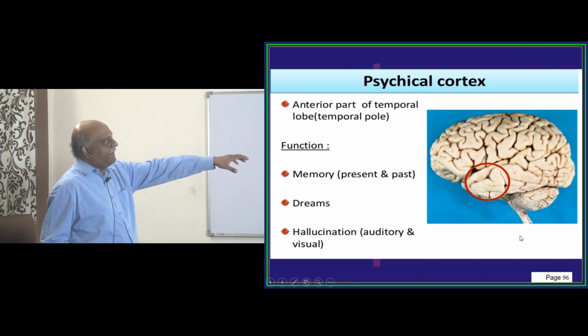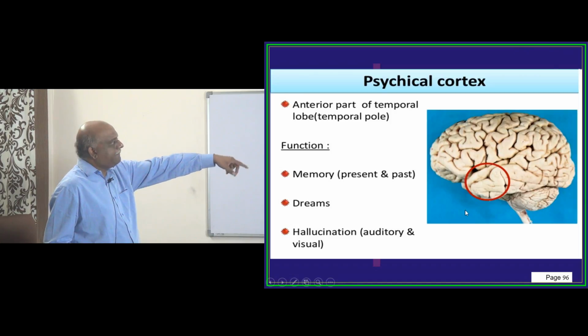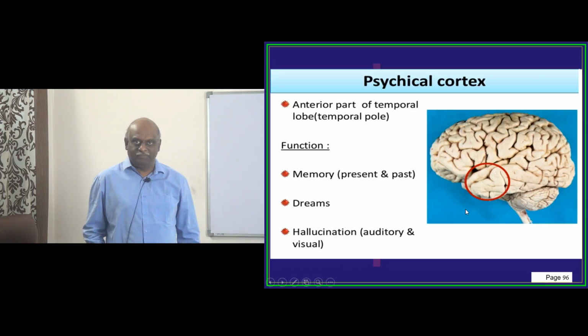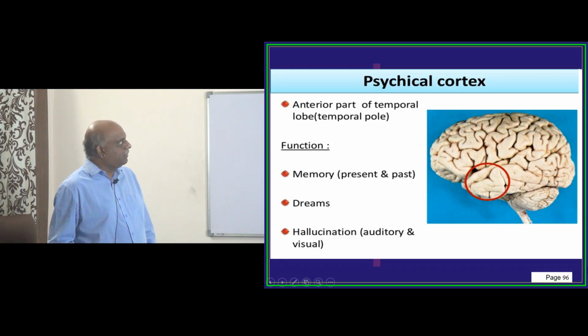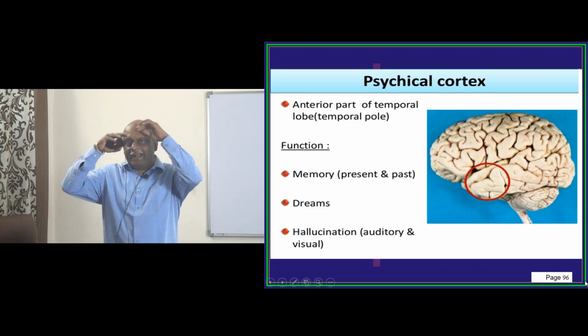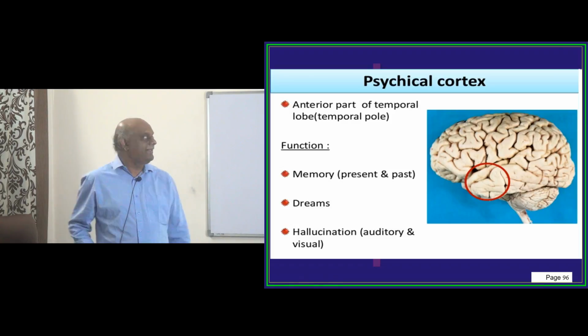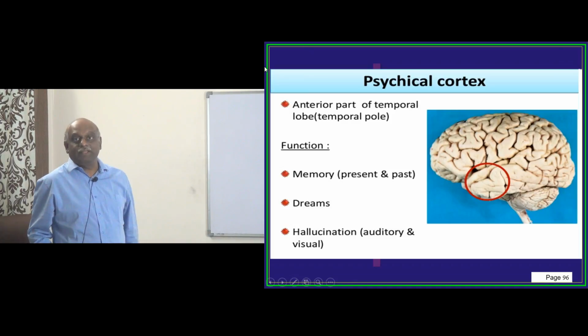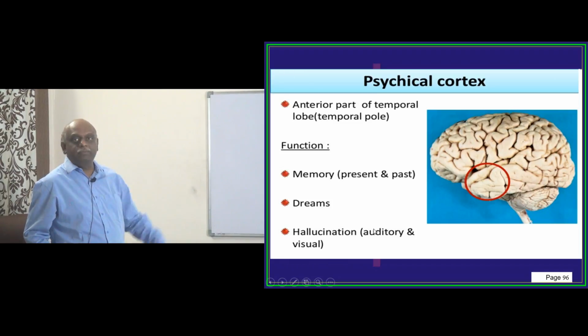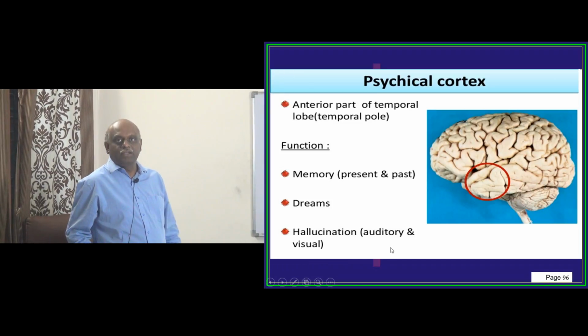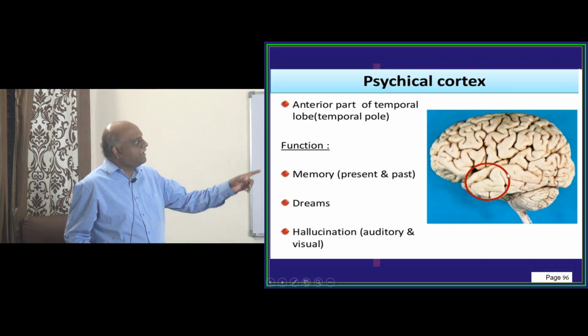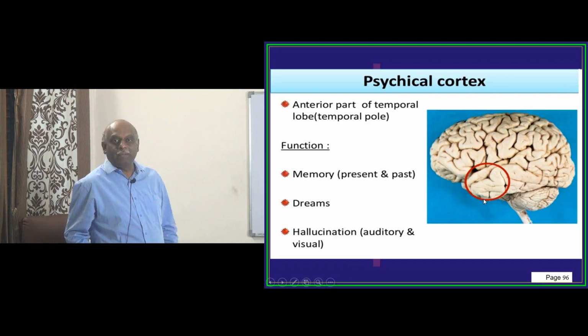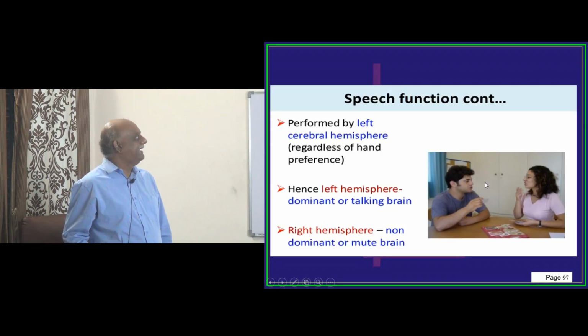This is the temporal lobe, doctor. The anterior part of this temporal lobe holds our whole psychiatric situation. Memory for the present and past, dreams, hallucinations, auditory and visual. Where is our madhouse? Inside the brain, inside the temporal lobe.